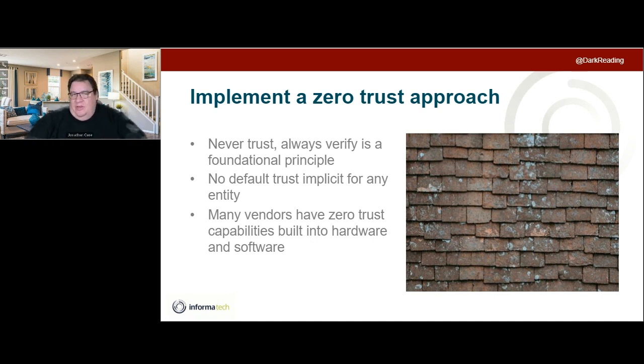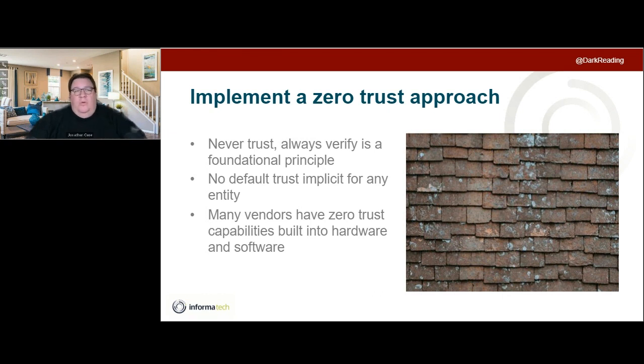But essentially, zero trust is something that does make sense to all of us as security practitioners. Always verify. Don't rely on implicit trust assertions is a foundational principle. There is no default trust for any entity, no matter what your source IP address is. And remember, you shouldn't trust IP addresses.